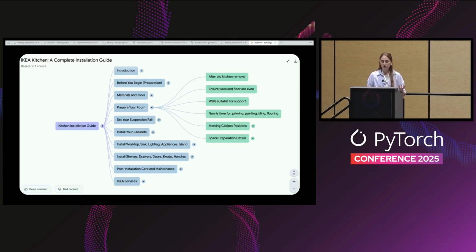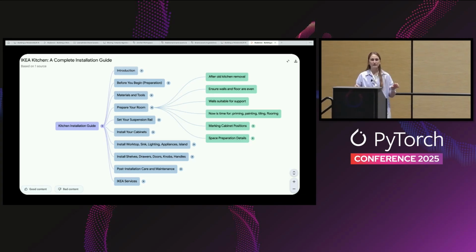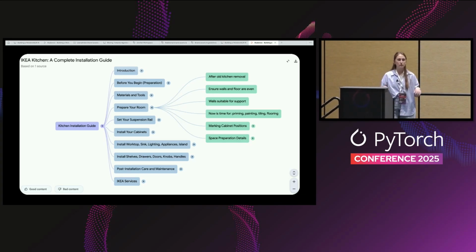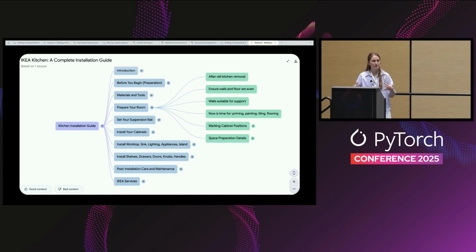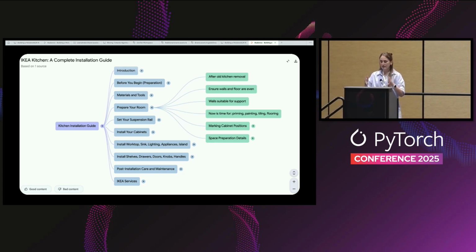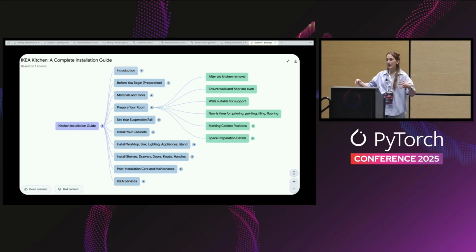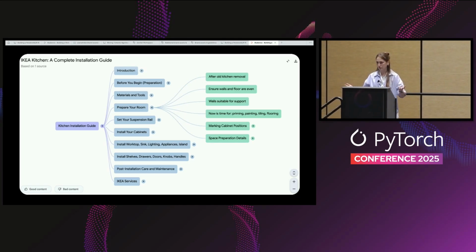Another thing you can do is build these really cool looking mind maps. And mind maps are interesting. They're a nice way to visualize and abstract information that might be present in the file that you uploaded. In this case, the mind map that NotebookLM created is an explanation of what the guide includes, the various steps in the guide, and so on.